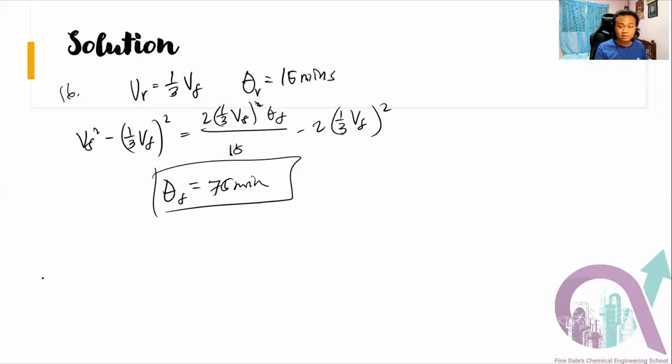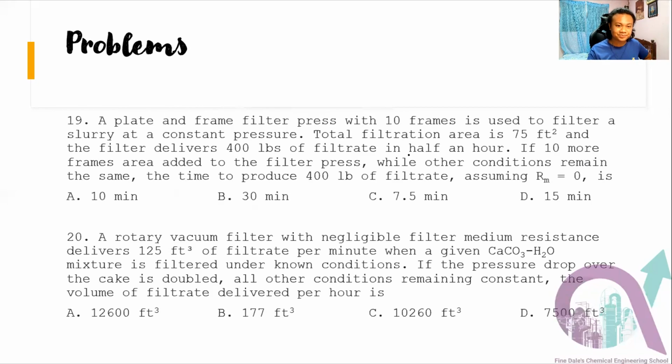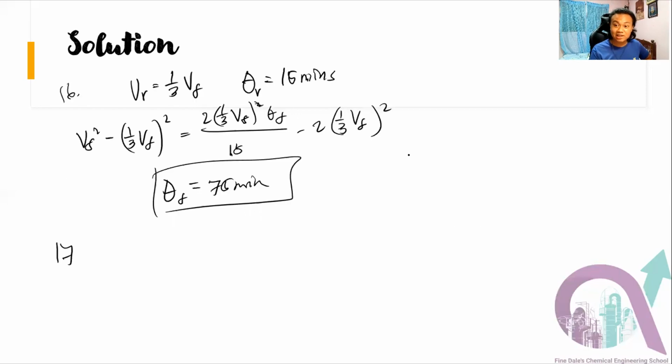Okay, so also in number 17. Number 17: if 1/2 of the original filtrate volume of problem 16 were to be collected with the area remaining unchanged, the new filtration time is? We just continue this here. So if 1/2 of the original, so VR is also 1/2 na lang, which is 1/3 of the VF. So 1/2 na lang siya sa 1/3 of the total.